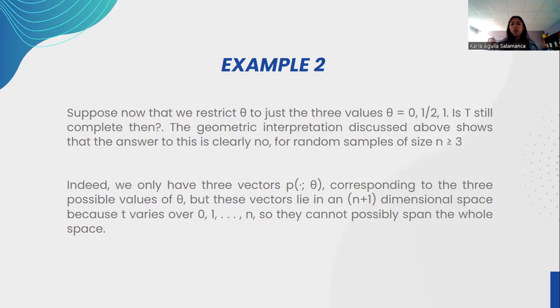Indeed, we only have 3 vectors corresponding to the 3 possible values of theta, but these vectors lie in an n plus 1 dimensional space because t varies over 0, 1 to n, so they cannot possibly span the whole space.